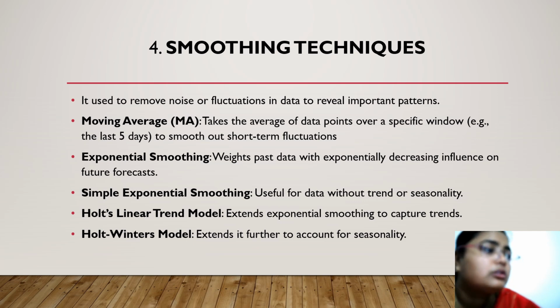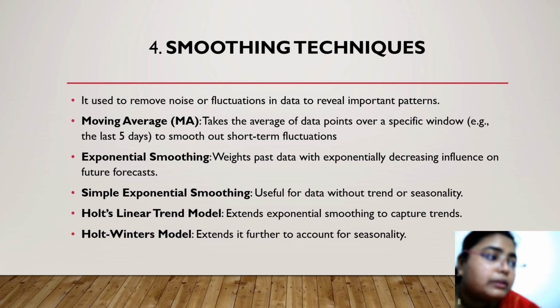Next is exponential smoothing. Exponential smoothing weights past data with exponentially decreasing influence on future forecasts. Suppose in the case of the stock market or anything, the data are exponentially decreasing. When the data exponentially decreases, it obviously has some effect on the future forecast. So that is how things are removed here.